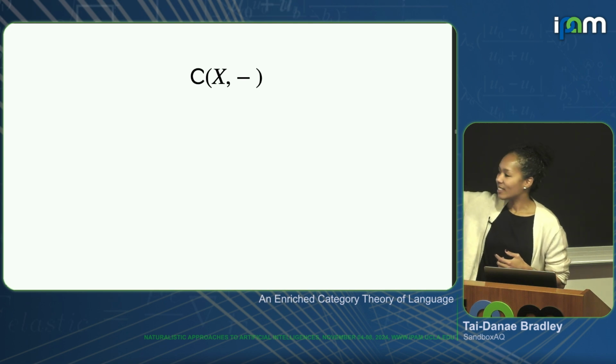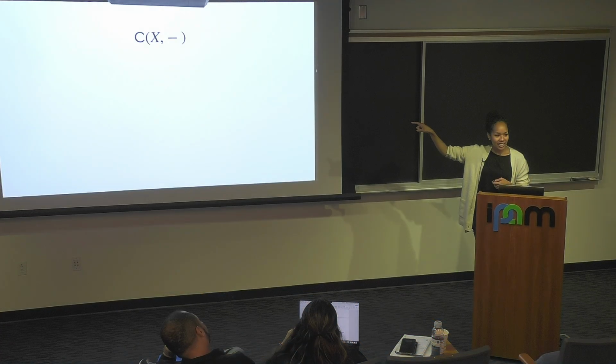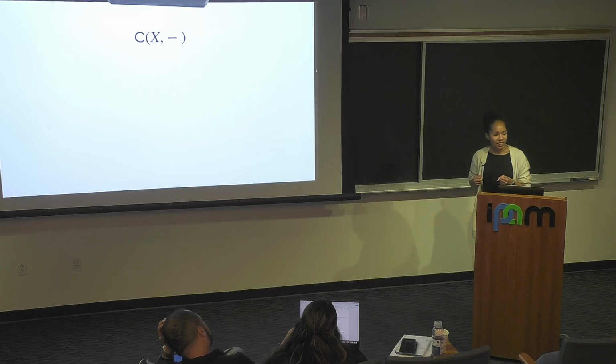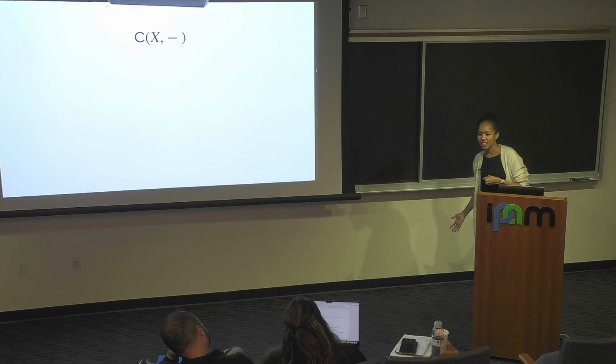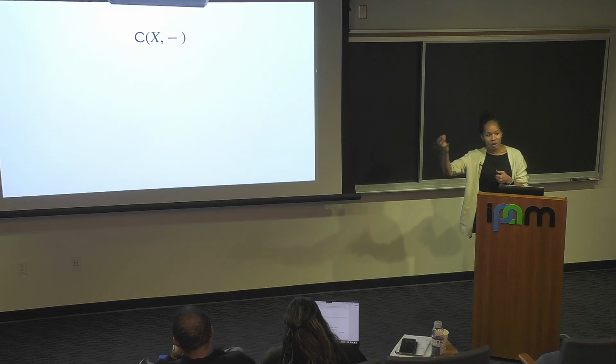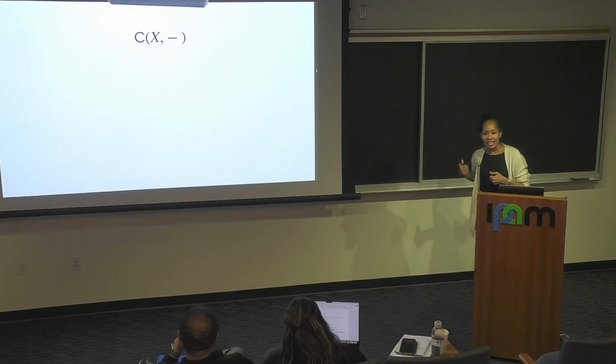So this thing on the slide tells me a way to pick an object y in a category and get a set out of it. It gives me a mapping from my category into the category of sets. By thinking about relationships of objects, we have now defined a relationship between two categories.